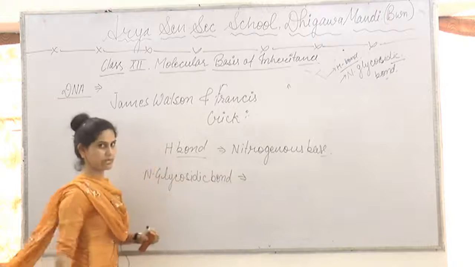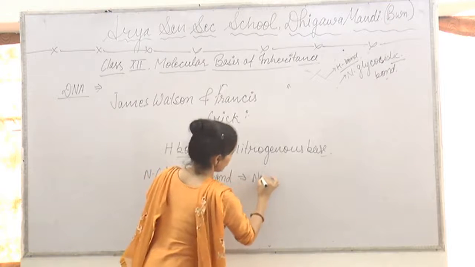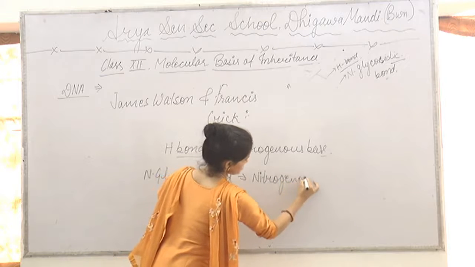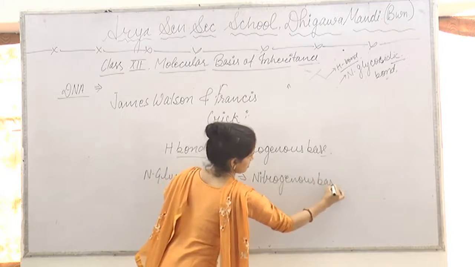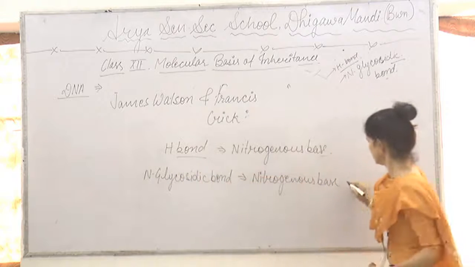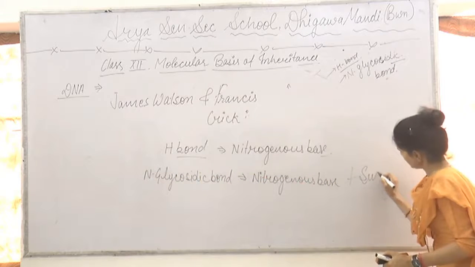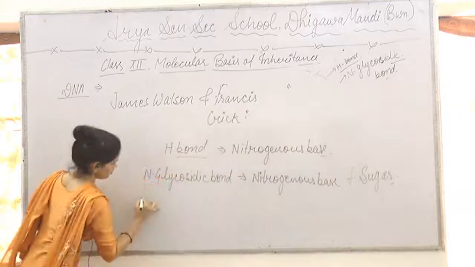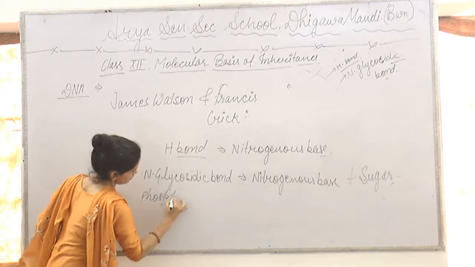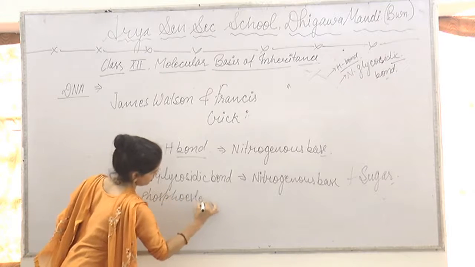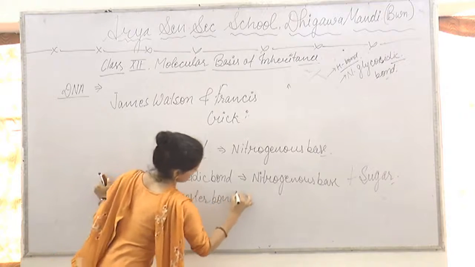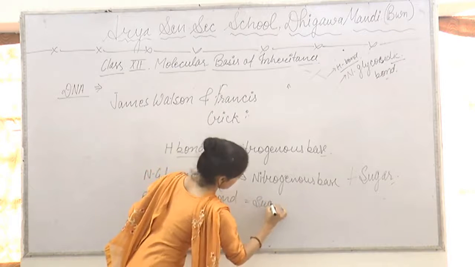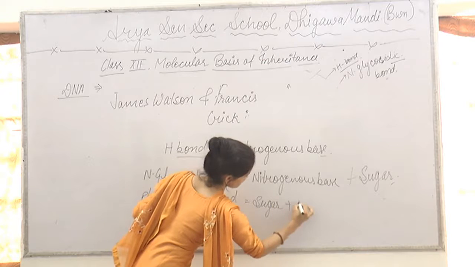This bond is present from nitrogenous base to sugar, pentose sugar. And third is phosphoester bond. This bond is present in between sugar and phosphate group.